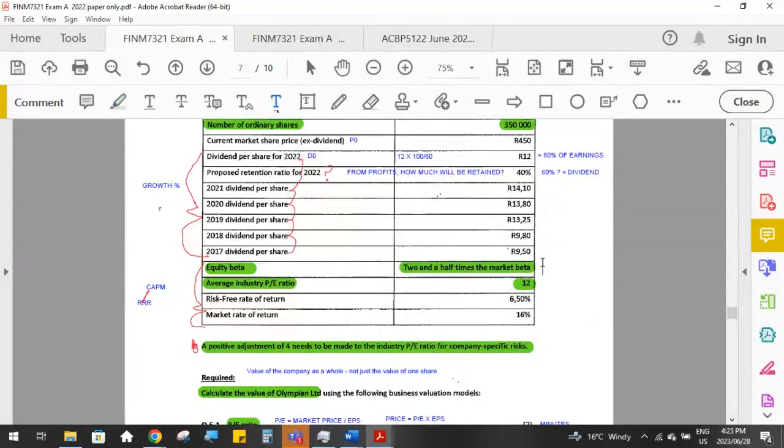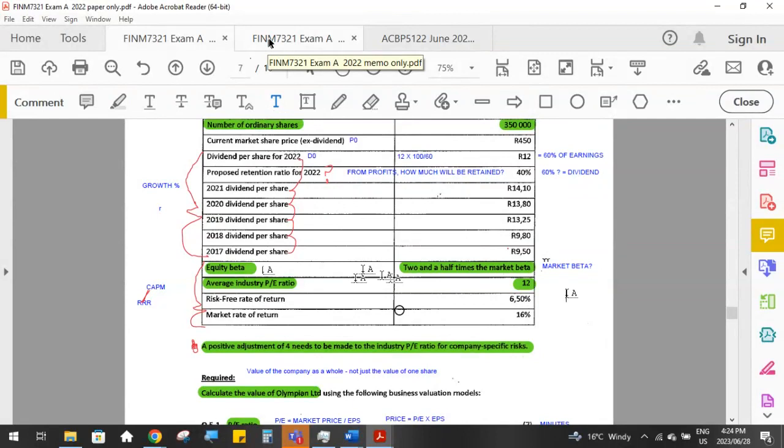So that requires you to know what the market beta is. If you don't know that, you have no way of calculating the company's beta, because you've got to take market beta times 2.5. Remember, market beta is always 1. It's like the base starting point.